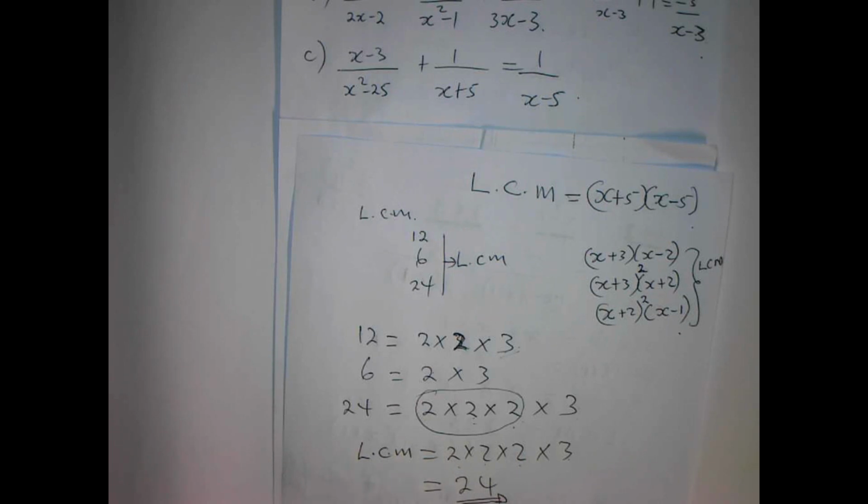That is the method. So why am I demonstrating this method? Because it is key when it comes to your ability to solve a rational equation. For the denominator part, you must be able to establish the lowest common multiple.